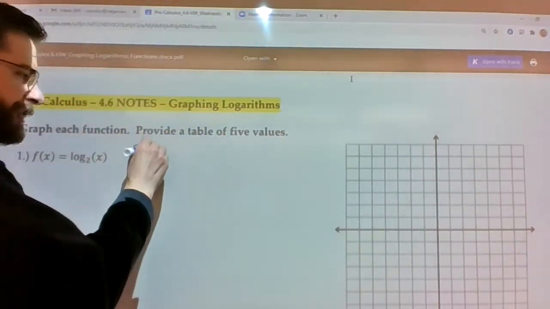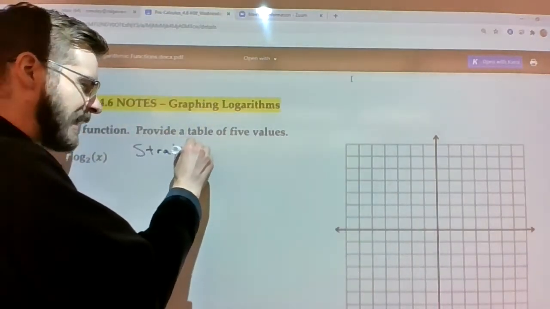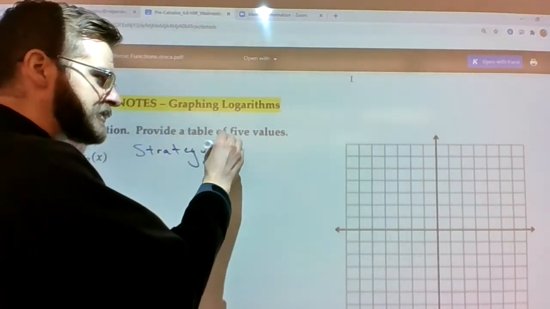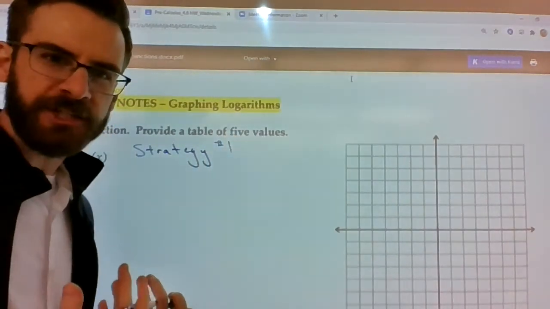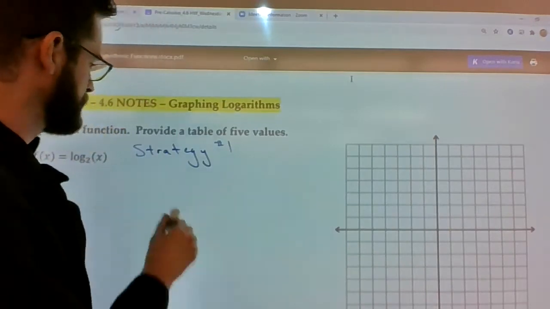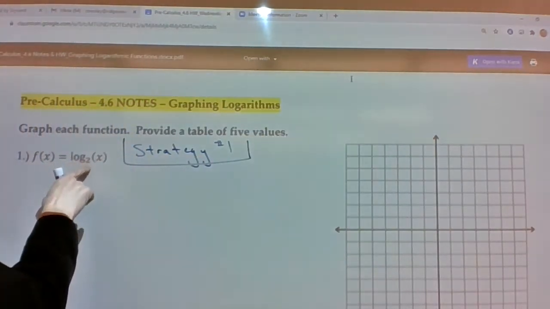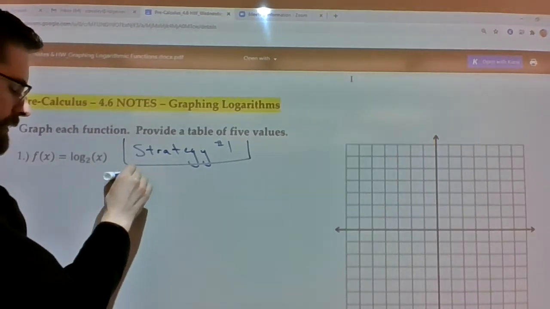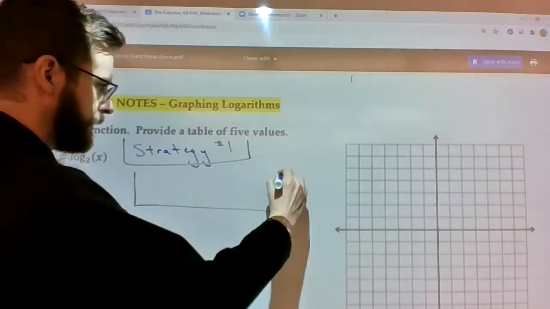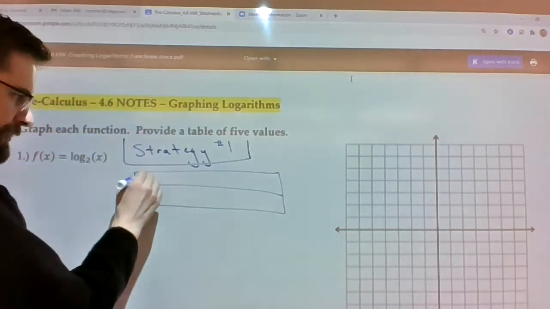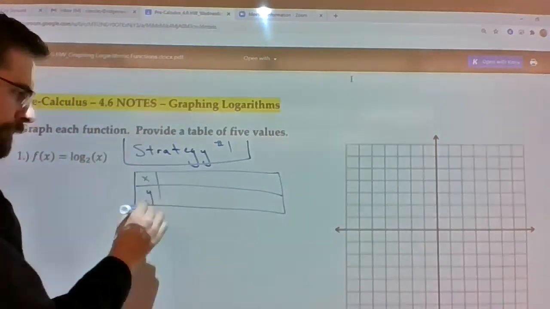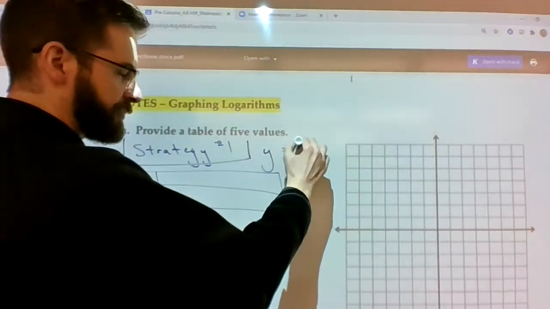So strategy number 1. And I like this strategy because it forces us to recognize the relationship between logs and exponential functions. The reverse of log base 2 of x is, we're going to do a table of values for y equals 2 to the x power.